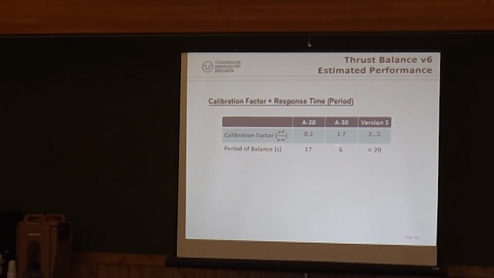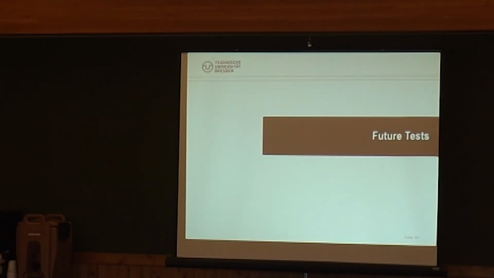But for the response time, again here we have a better resolution, but basically it's not really the response time, it's the period, but the response time and the period correlate in a certain way. So basically the response time is the same, but the resolution is better, and here the resolution is the same, but the response time is better. So that's what we want to try there. And we can easily exchange these 2 bearings in the balance, because they have the same diameter.